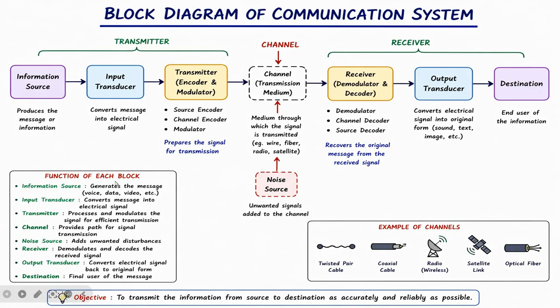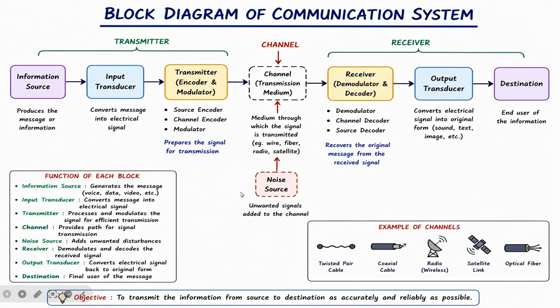So here you can see the function of each block. The information source will generate the message, that is, the message may be in the form of voice, data, video, etc. The input transducer will convert the message into electrical signal. The transmitter will process and modulate the signal for efficient transmission, and the channel will provide the path for the signal transmission.